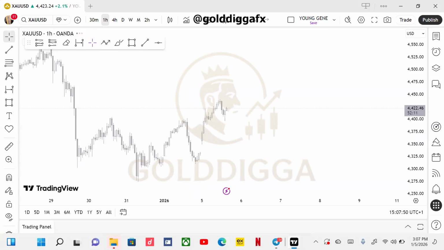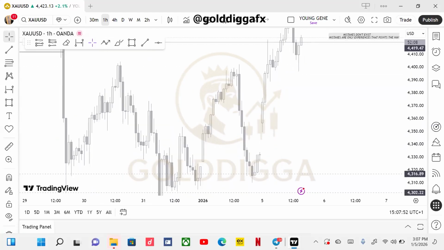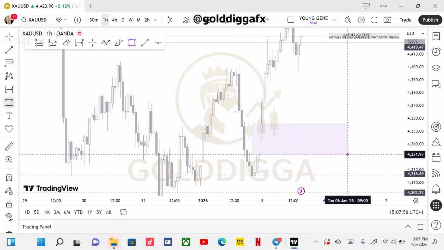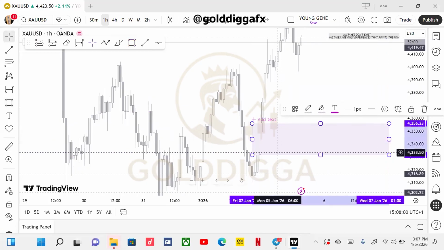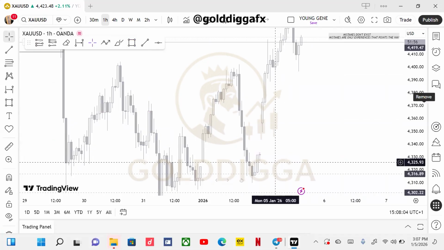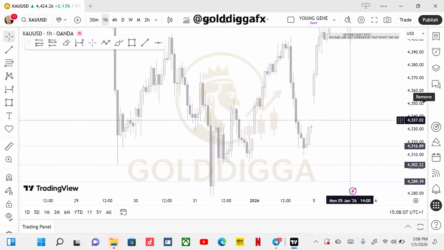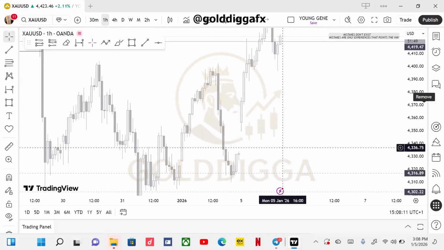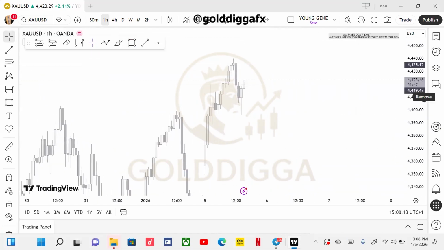If you go to Wanda, you can see this gap here. This gap has to be filled. Price has to come back. Price gapping up like this is the liquidity that price should fill. If you check wherever price gaps, it always comes back to fill that. So that's another reason price has to come down there.